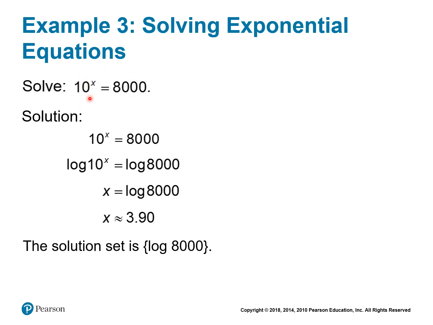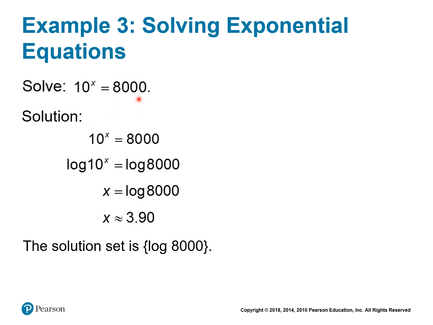The question here is 10 to the power x equals 8,000. Now there's no way we can write 8,000 in exponential form with base 10 to match the 10 of the exponent on the other side, correct? So that's why we have to resort to logarithms to solve this equation.